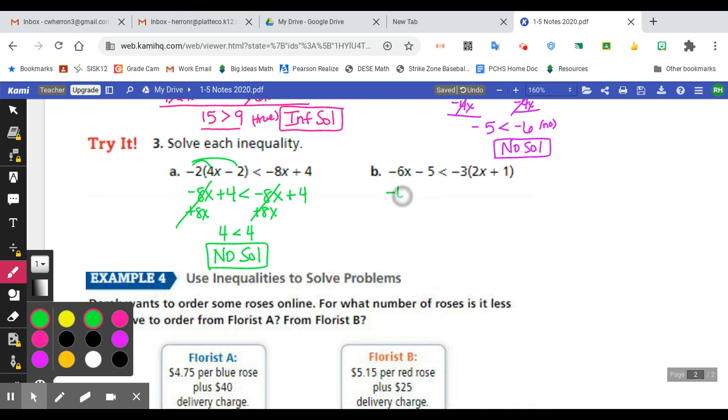Over here, distributing on this side. If I again add my 6's together, these are gone, and I've got -5 is less than -3, and that is true because of it being negative. So this would be infinite solutions.